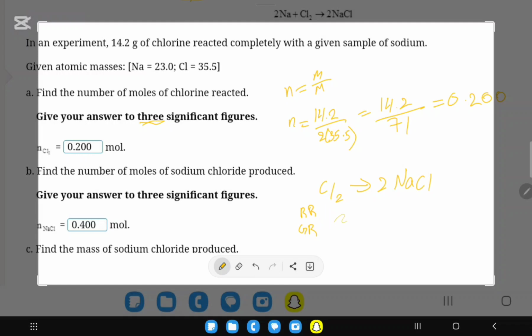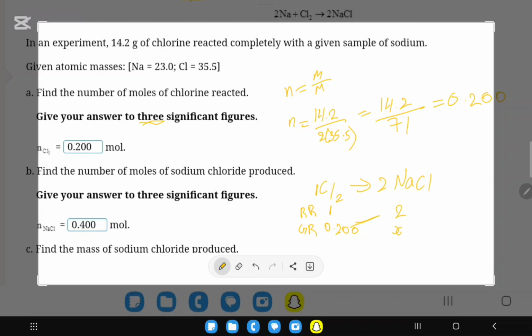For the GR, they gave us that chlorine is 0.2 moles that we found in the last question, and for NaCl we don't know it, so we put x. For the RR we have 1 mole of Cl2 and 2 moles of NaCl.